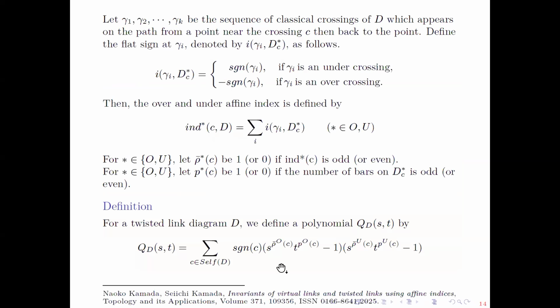Okay, so look at the polynomial. So there are this P0C and PUC. There are two components where the bars are divided, right? If the total number of bars is even, the division can be even and even, right? So either 0, 0 or odd and odd, 1, 1. So it cannot be 1, 0.